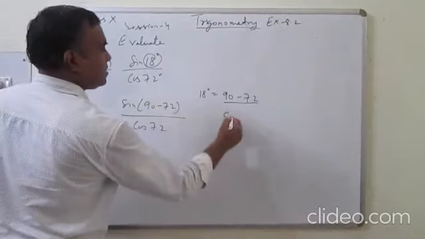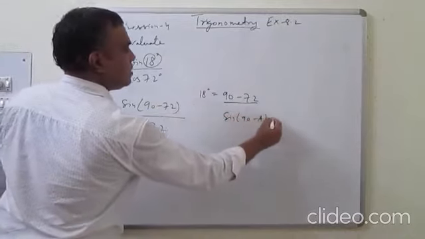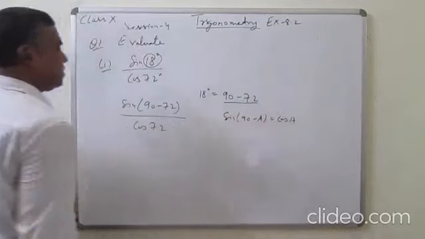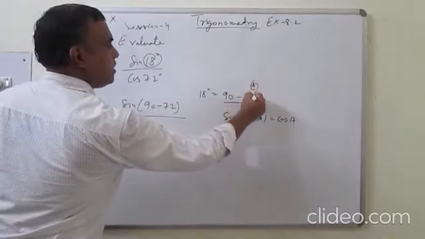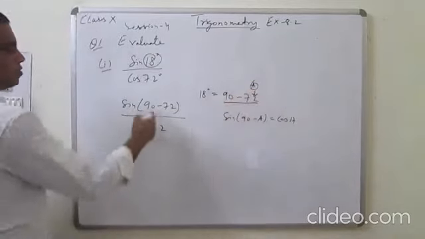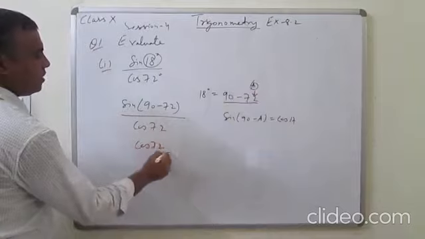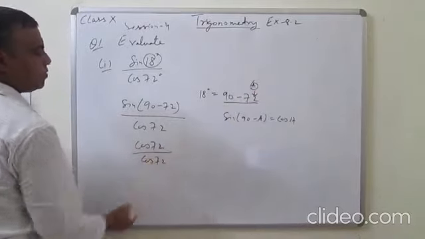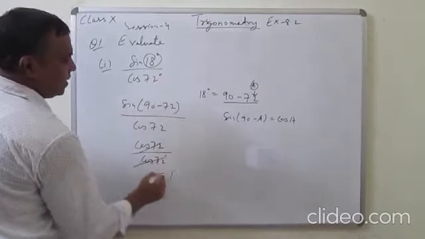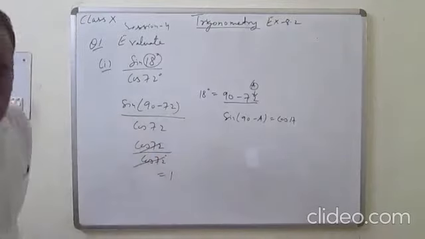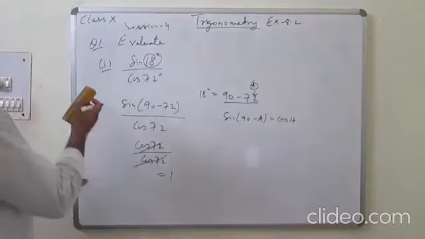We know that sin 90 minus A is equal to cos A. Here A is 72. तो ये cos 72 upon cos 72 हो जाएगा. This will cancel out, same degree. So it gives 1. Now another question of this type.